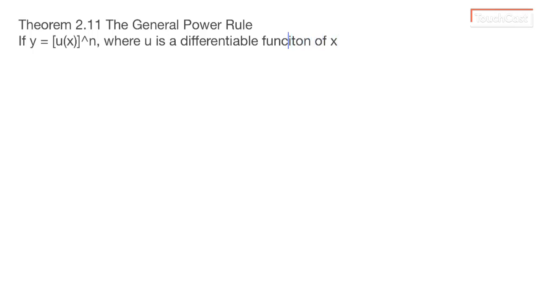So what we say is if y is equal to u of x, and that's raised to some power, n, where u is a differentiable function of x and n is a rational number, then we can write the derivative as follows.